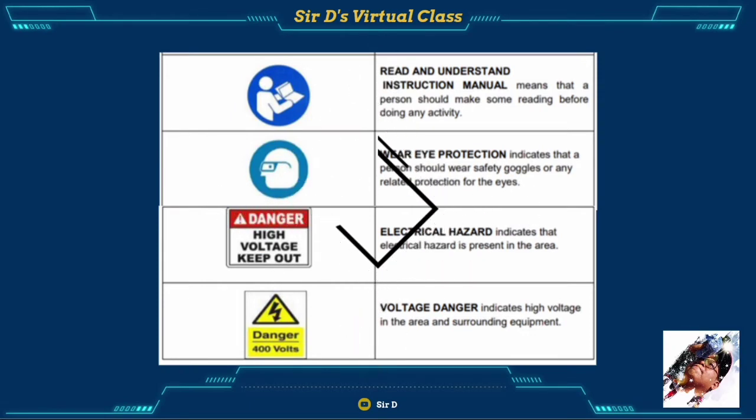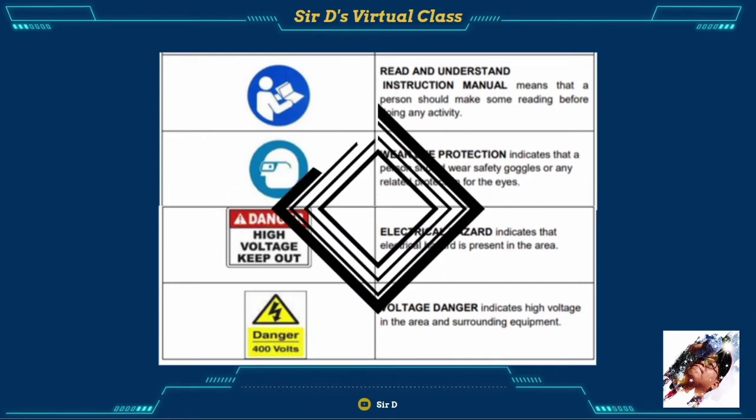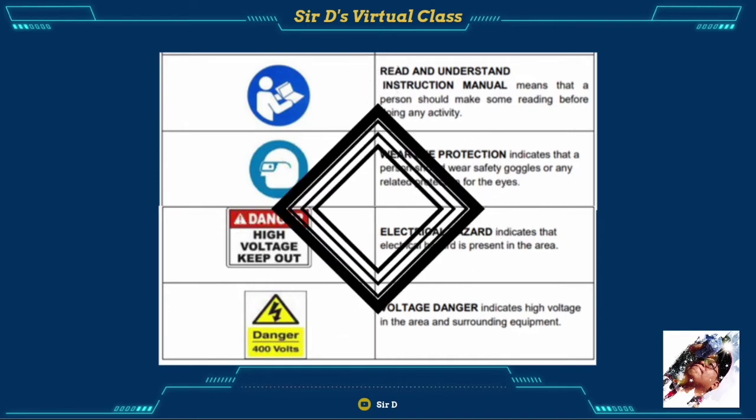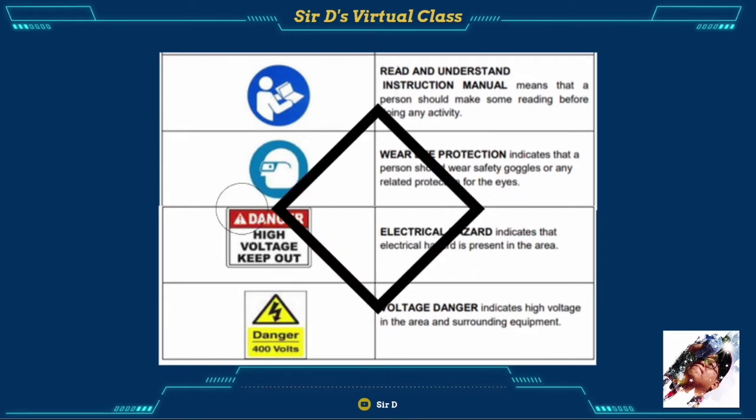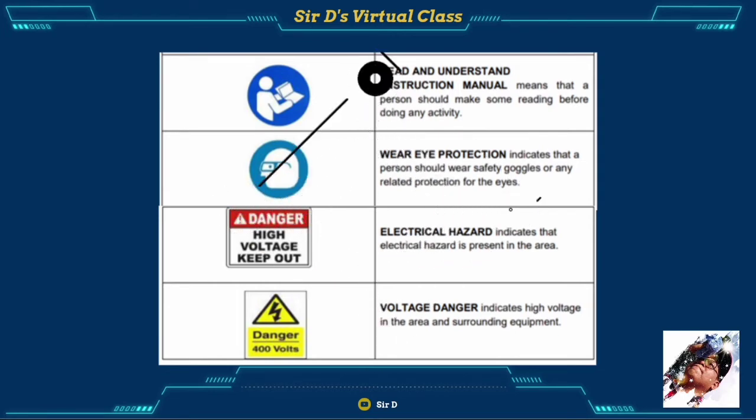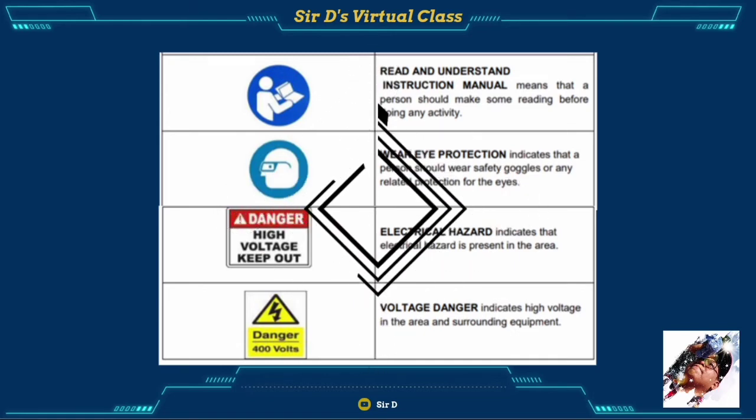It indicates that that is the measure of voltage in that area. By seeing this, we should be made aware of our surroundings and take extra precaution. We wouldn't want to have any form of injury to ourselves or to the people around us. So we might as well educate them with these electrical signs.